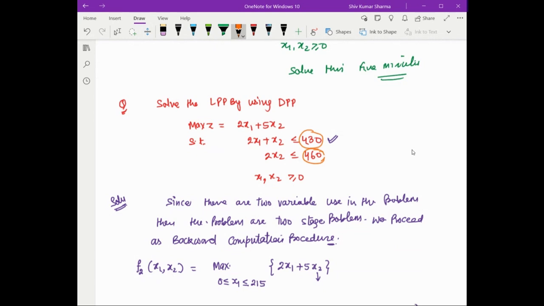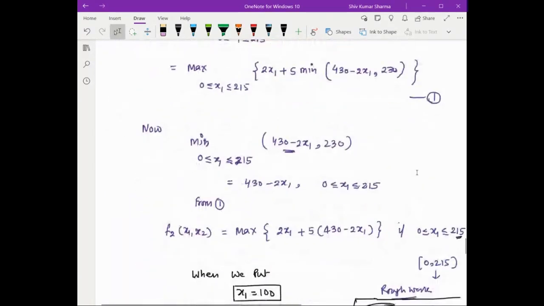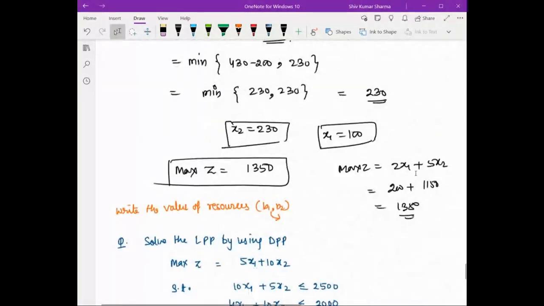That means 430 resources are available, in the form of raw material, pieces, etc. So we write the answer: the resources B1 and B2 are 430 and 460. So this is the answer when anyone asks about the resources.